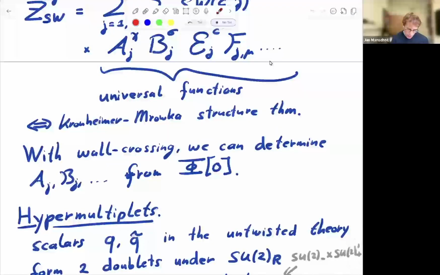And then in the end of the lecture, we came to the hypermultiplets. So the first bit was all about just the theory with the vector multiplet, and then topologically twisted.